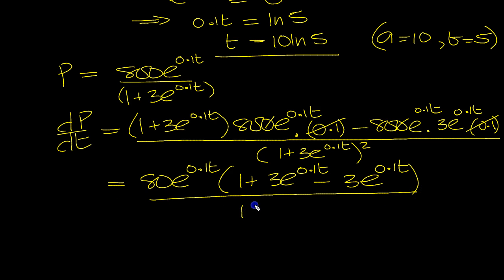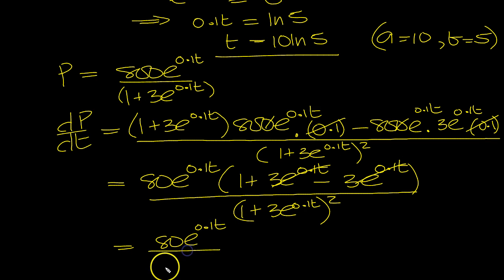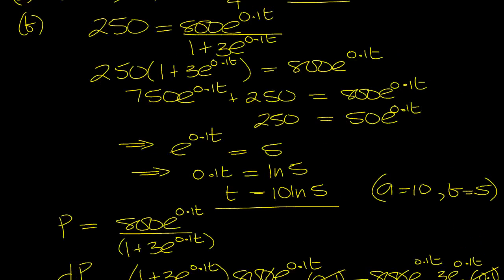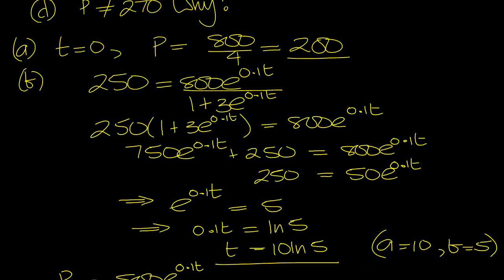All over 1 plus 3 e to the 0.1 t squared. These cancel. So you get 80 e to the 0.1 t over 1 plus 3 e to the 0.1 t squared. So there's dp dt.